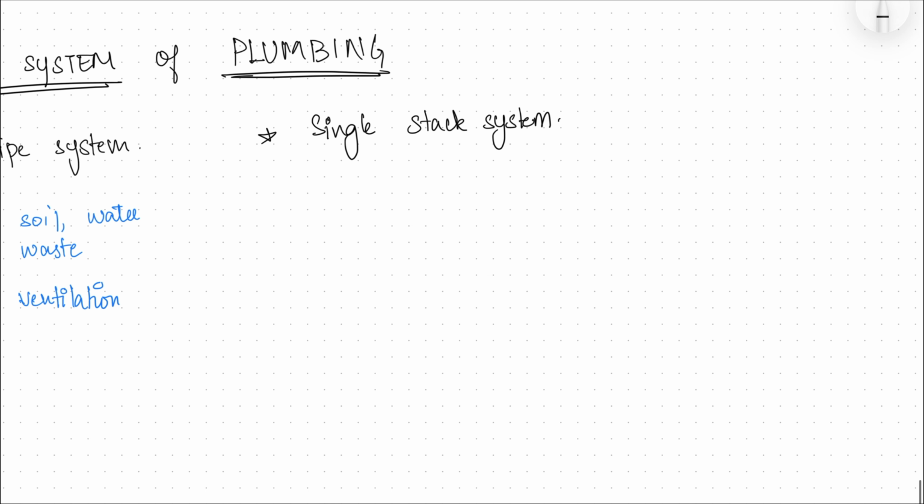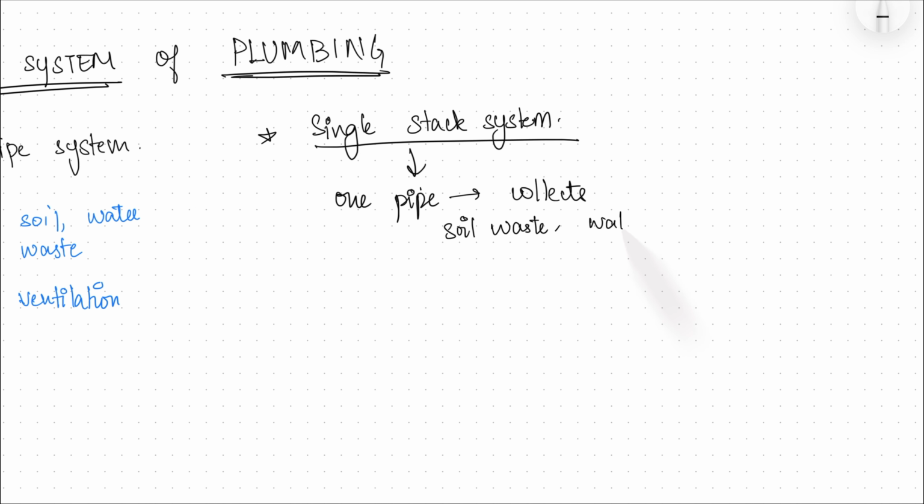In this, only one pipe collects the soil waste, water waste, everything, and this also acts as the ventilation pipe.